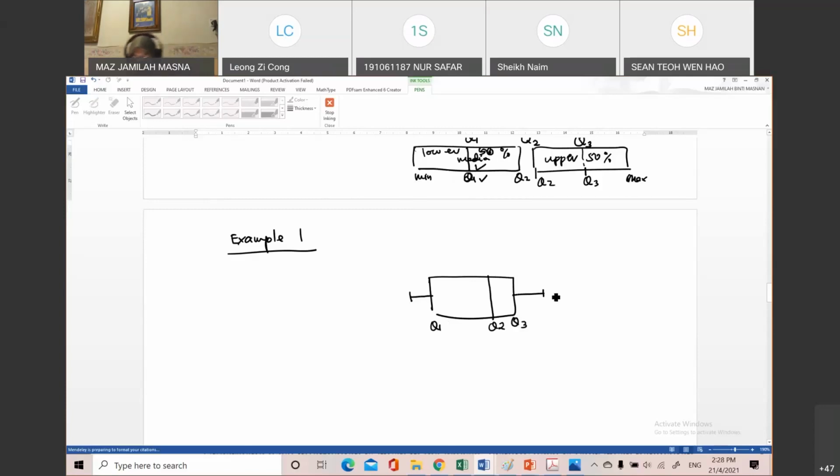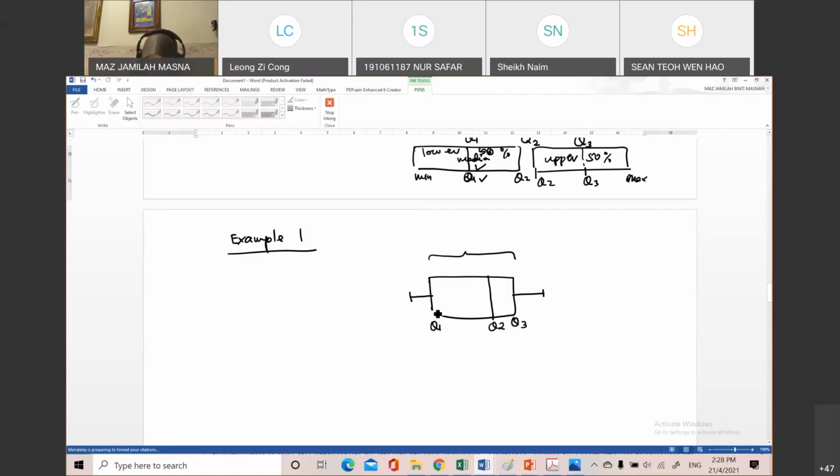From this box plot, your video says that if we are using this particular region, look at the boxes inside, Q1 until Q3. Is it equal or not equal?